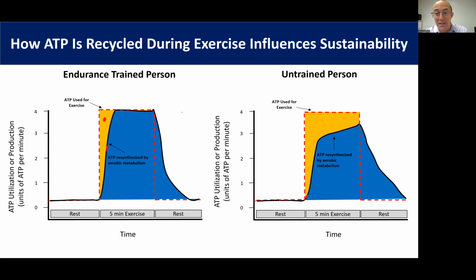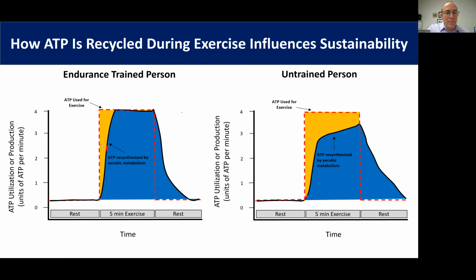They might be able to get their ATP anaerobically for a while, but eventually it's going to run out and they're going to have to stop the exercise. They'll either have to slow down and do a lighter exercise or just stop altogether. Meanwhile, this person who's getting most of their ATP aerobically, no big deal. They could probably keep doing this for an hour or two or more.